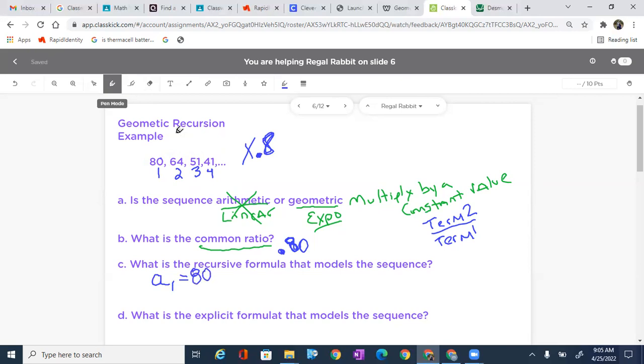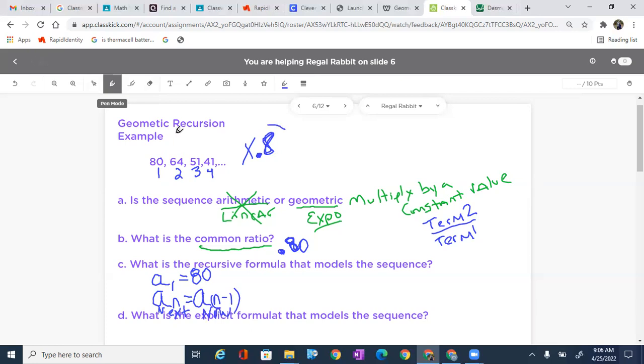Then we tell what we are doing to that first point, and we do that by writing a sub n. What that means is, in order to get to the next point, we take what we have, a sub n minus 1, which by the way is 80 right now.